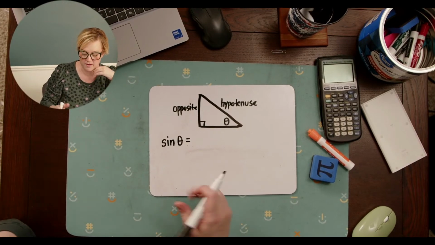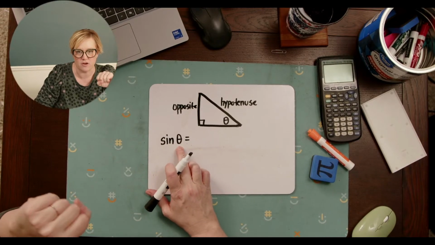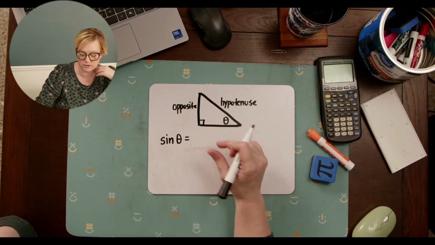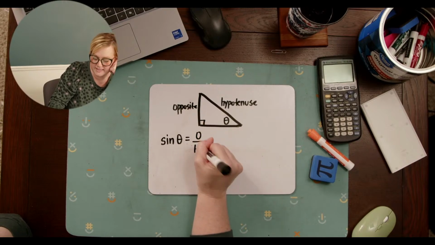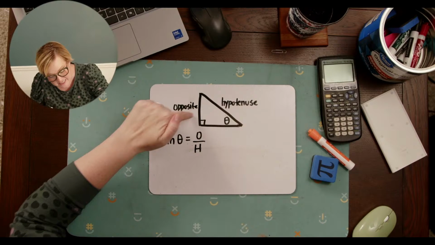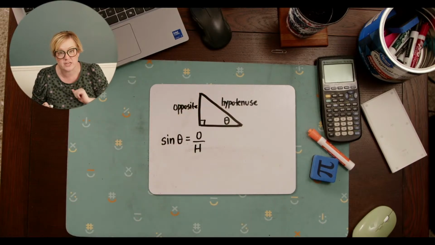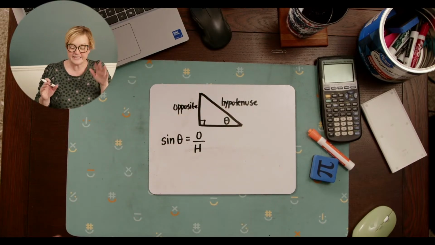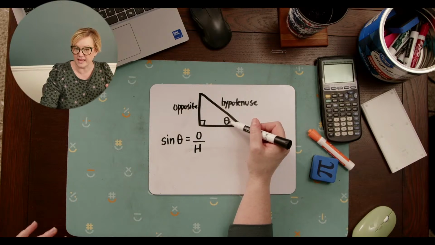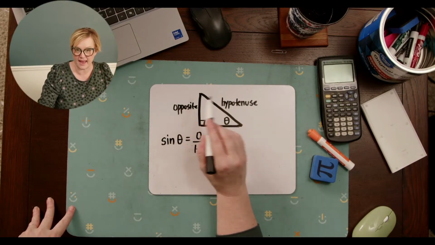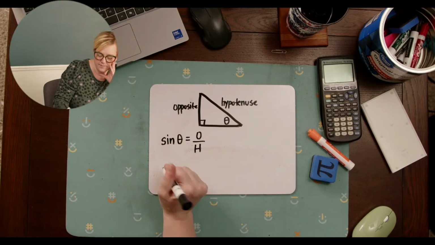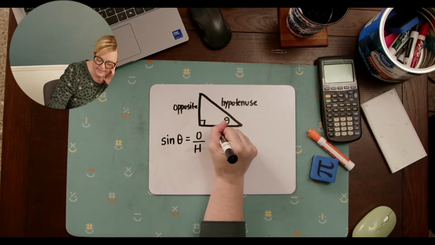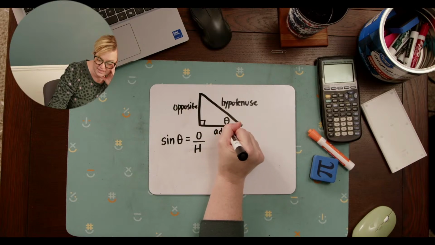So if this is a 32-degree angle, it's going to have a specific ratio between the opposite and the hypotenuse. If it is a 27-degree angle, it's going to have a specific ratio between those two, okay? It doesn't matter what that angle is, but that opposite and that hypotenuse, they will always be in the same ratio, okay?